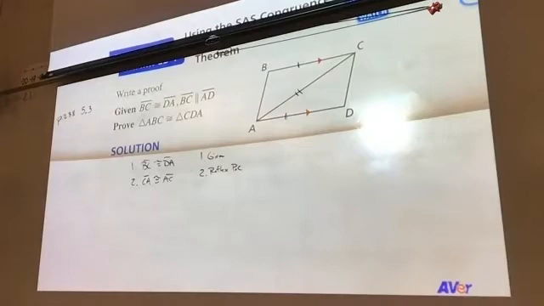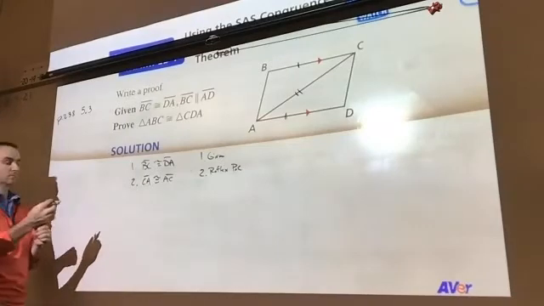So we've got two pairs of sides. We need the included angle. So I want you to point out to the person next to you where those included angles are located. Look at one triangle at a time.